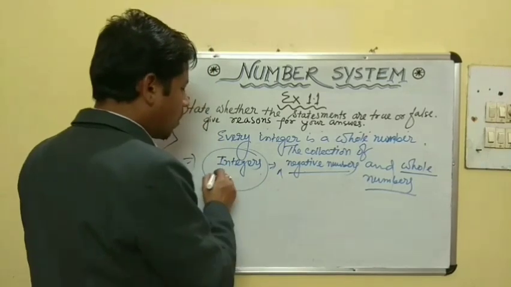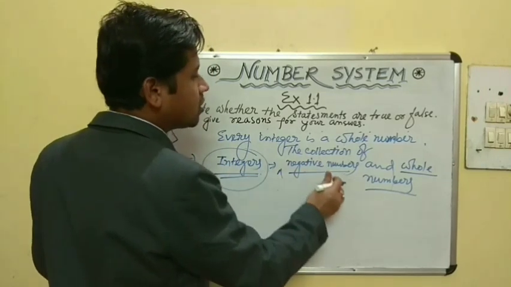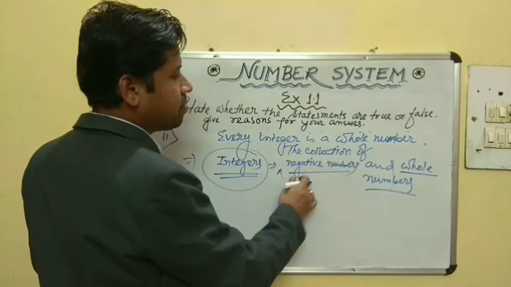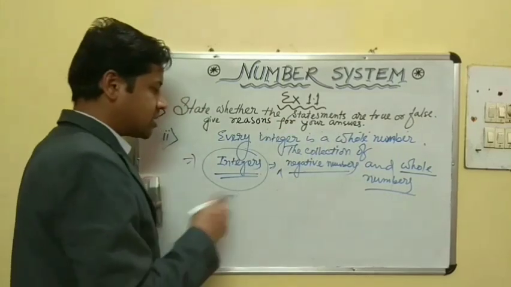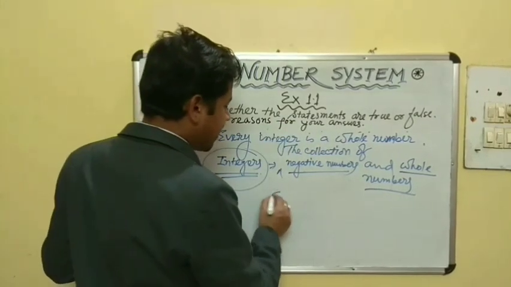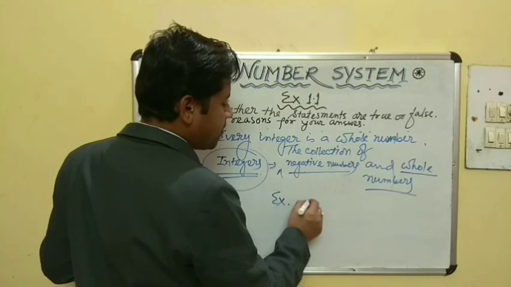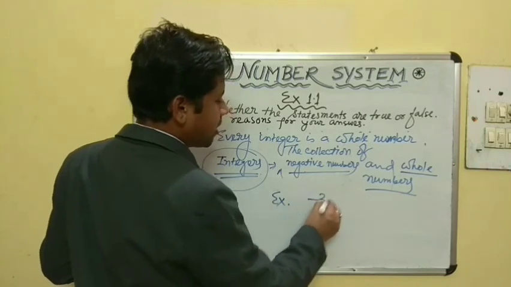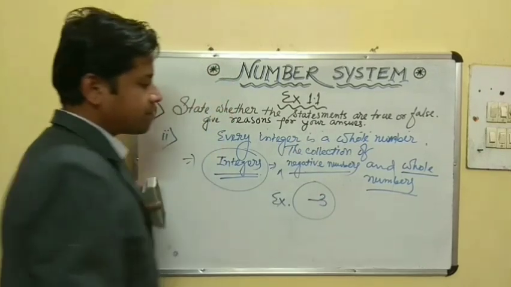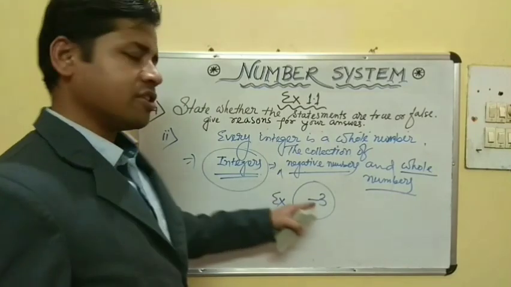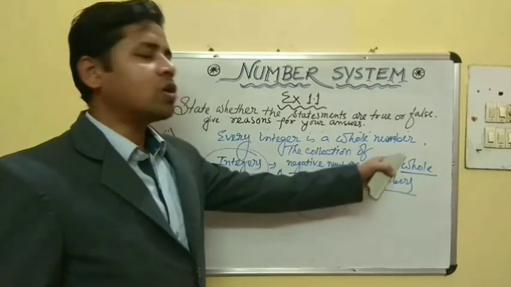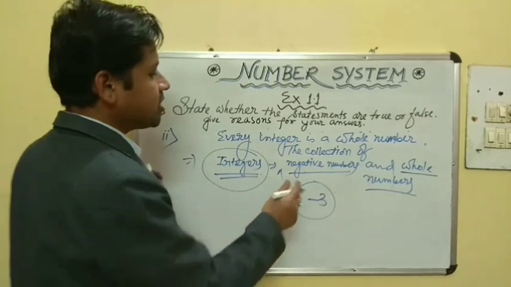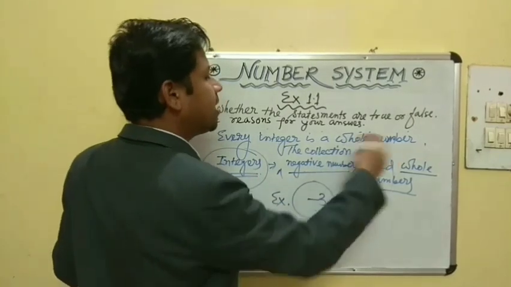So that means all integers are not whole numbers. For example, -3 is an integer, but it is not a whole number.